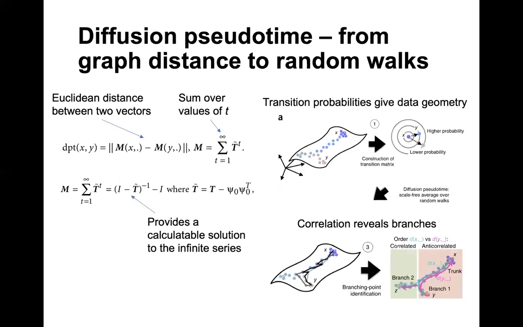There's one other point I just want to make super quickly here, which is that this framework also provides a way to detect branches. And I'm not going to spend a ton of time talking about it, but what I want you to just understand is that there is a special relationship. This might be one endpoint in the data set, and this is another, and these purple cells are the beginning.